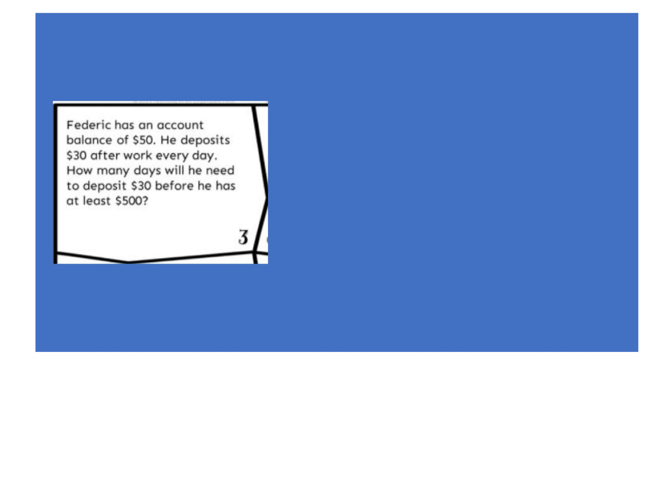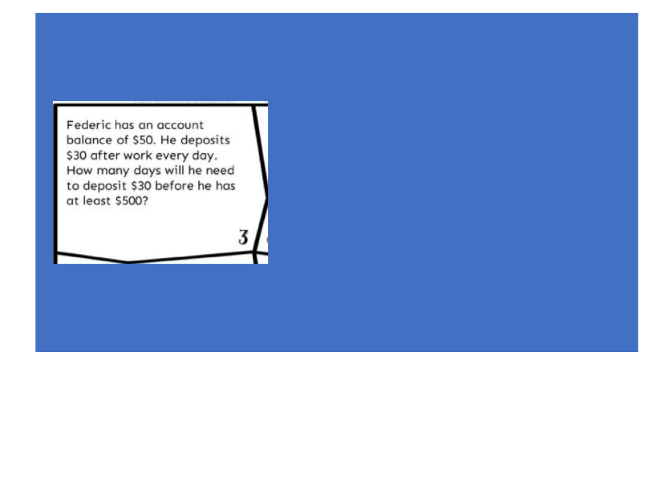Frederick has an account balance of $50. He deposits $30 after work every day. How many days will he need to deposit $30 before he has at least $500? Okay? So, first things first, let's come up with a scenario. How do we represent what he does each day? Well, we know his account started with how much? 50.